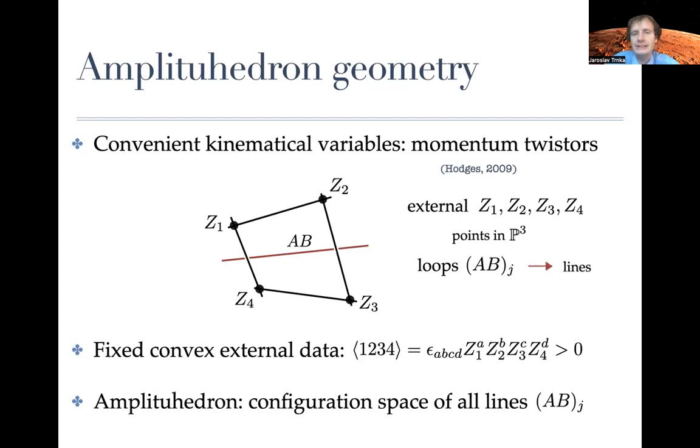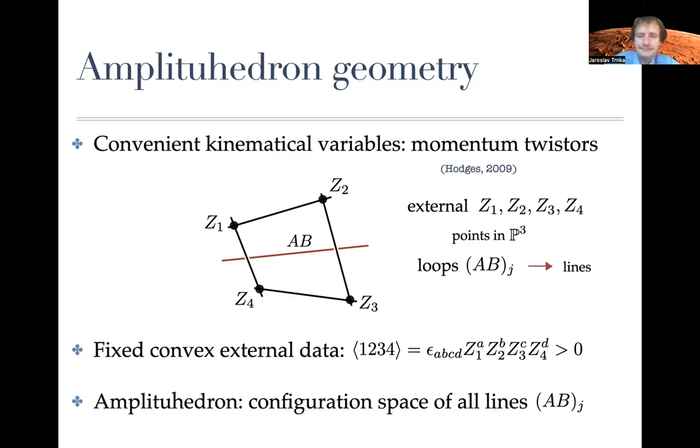This is where the external momenta P1, P2, P3, P4 and the information about helicities go; it's a change of variables. The loop momentum is different because it is off shell. The external momenta are on shell, but the loop momentum is represented not by a point but by a line. So the loop momentum is a line AB in P3.